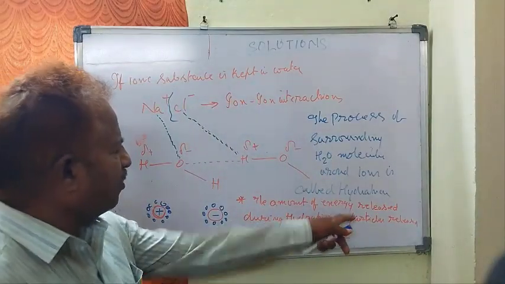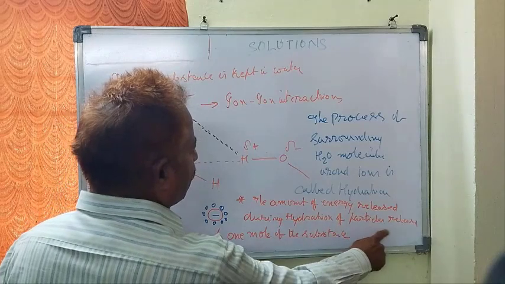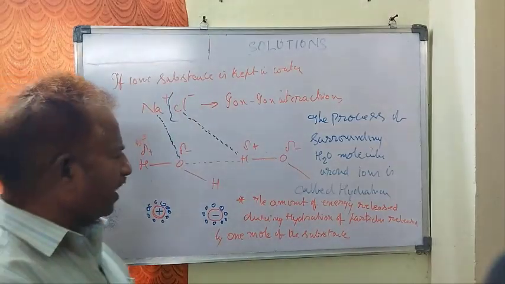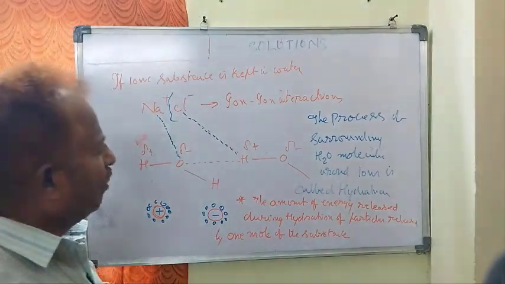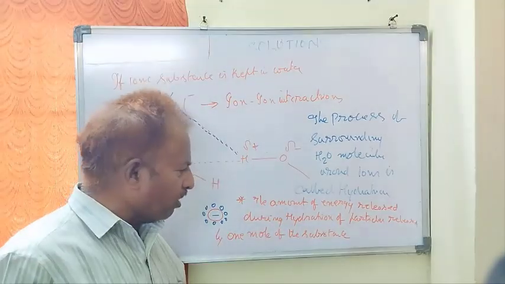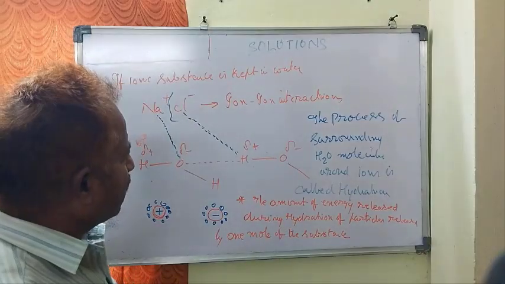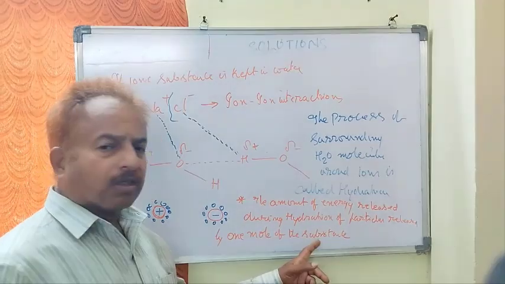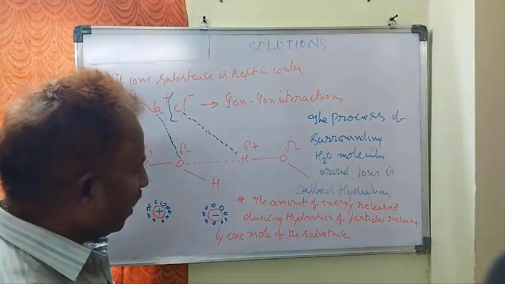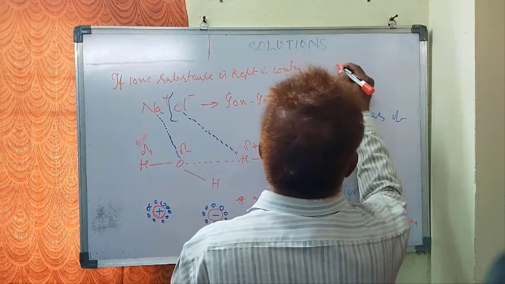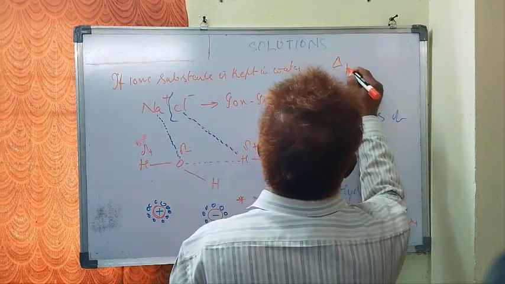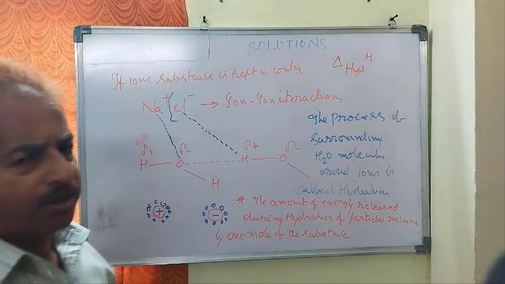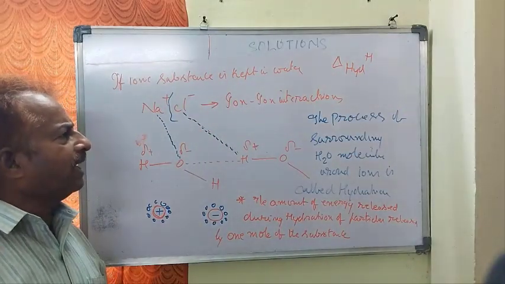That means 1 mole of ionic substance releases 1 mole of sodium ions and 1 mole of chloride ions. This is represented as delta H hydration, HYD meaning hydration.